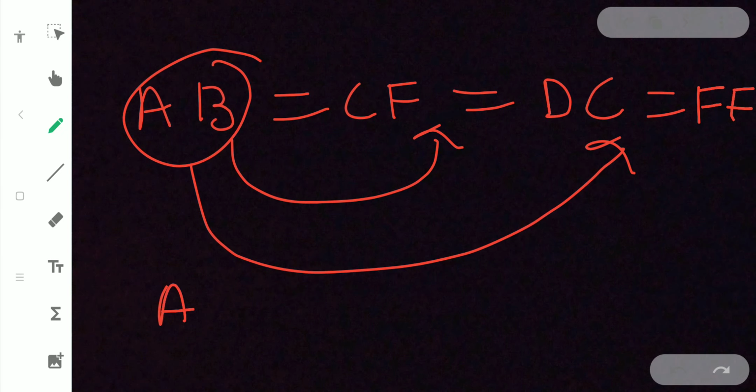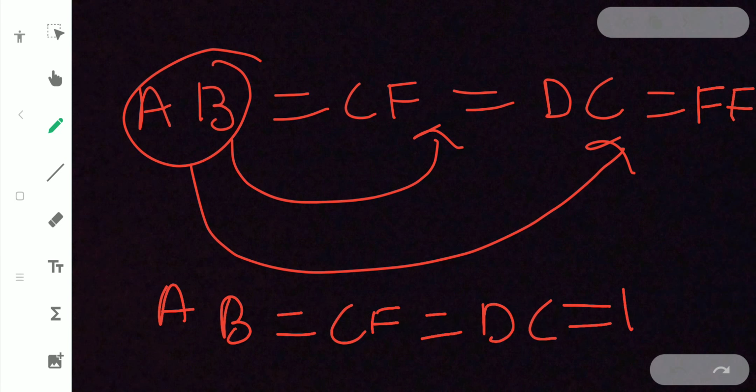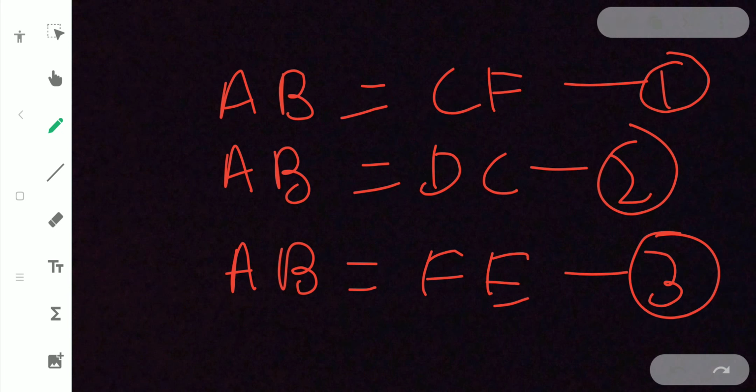Now I am having AB is equal to CF which is equal to DC which is equal to EF. So as AB is equal to three of these, I can write so. AB is equal to CF, AB is equal to DC. So same way FE also.